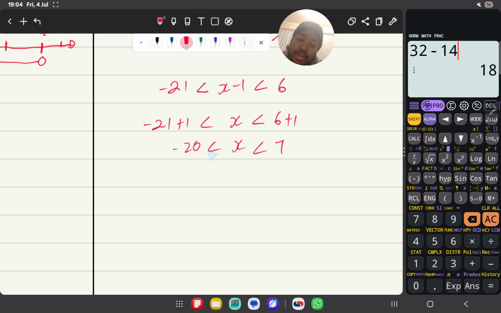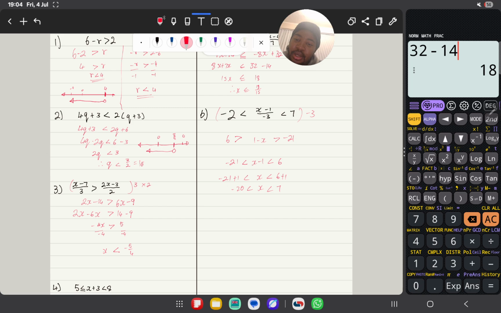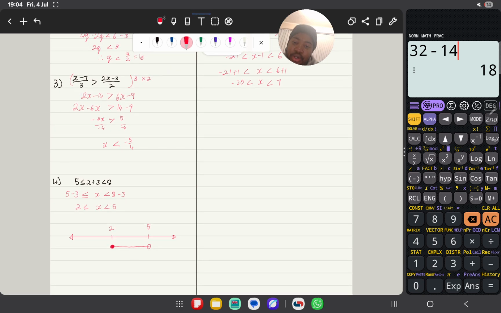So when you draw your number line just like we did here, there is not going to be an inclusion. So your number line will move from minus 20 to 7, but there won't be any dots. It will just be an open circle connected to another open circle from minus 20 to 7.